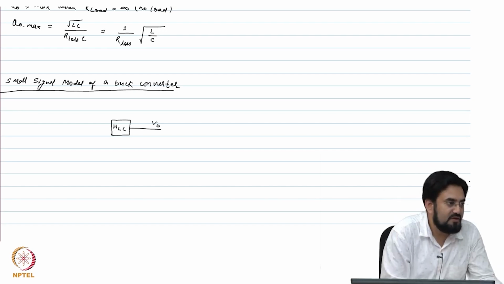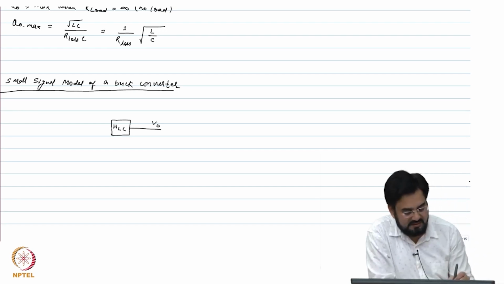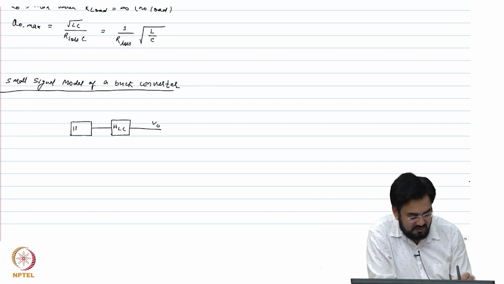So this was your V out, output of H LC. Then you had the driver stage, so let's call it H DRVS, G of PWM, correct.